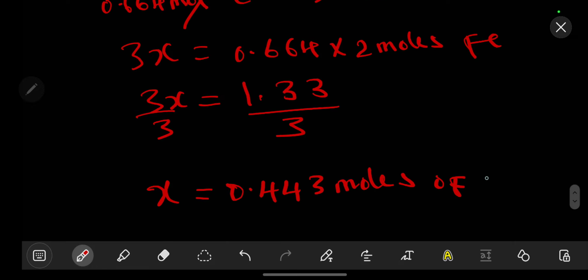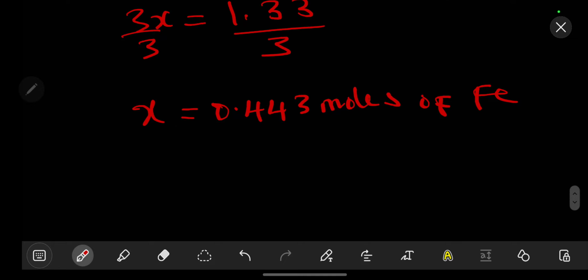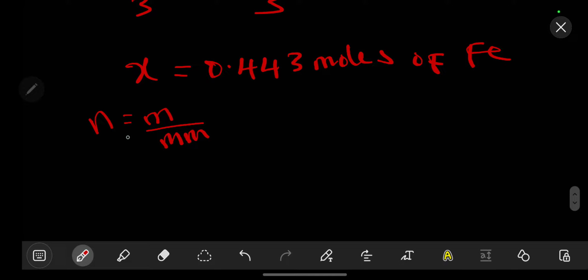of iron. Recall that they want the mass. So the number of moles is equal to the mass over the molar mass. Then cross multiply, so our mass should be equal to the number of moles times the molar mass.